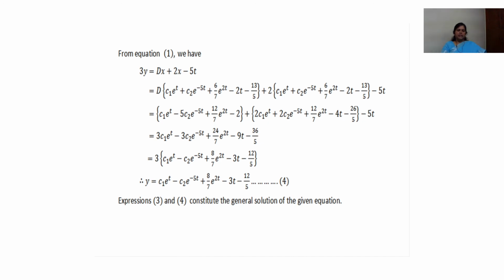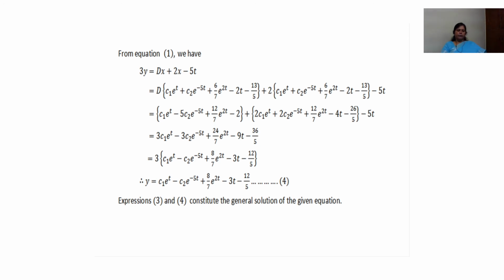The first term is c1 into e to the power t. c1 is a constant, and the differentiation of e to the power t is e to the power t only. So the first term is c1 into e to the power t. For the second term, c2 is a constant, and the differentiation of e to the power minus 5t is minus 5 into e to the power minus 5t.